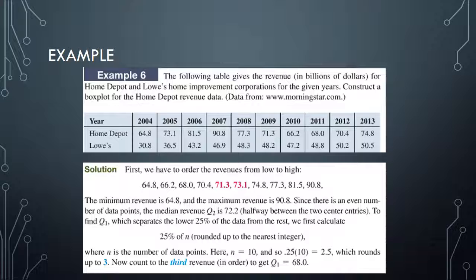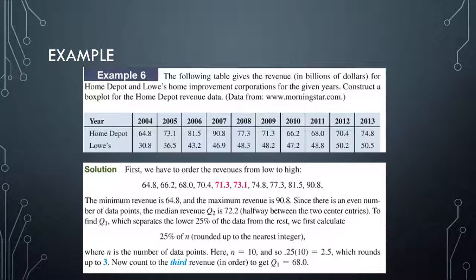And then to find Q1, basically you have to go to the 25% point of the numbers. You're going to have to take the second and the third. Now here they do it a little differently.